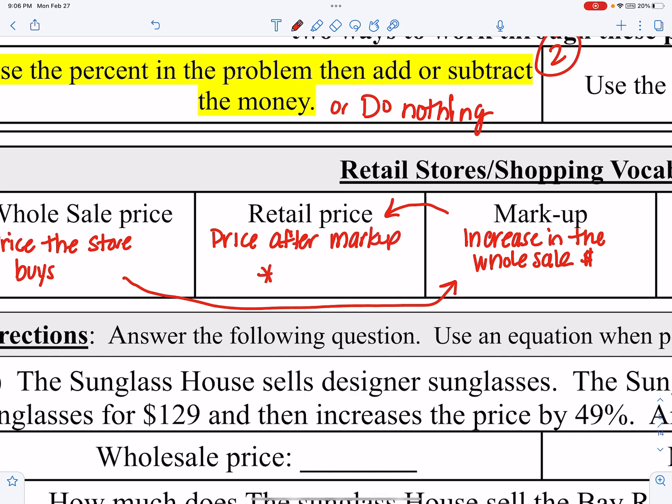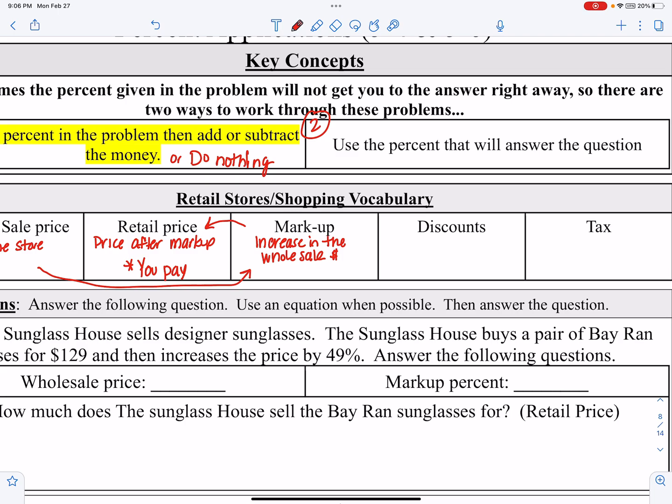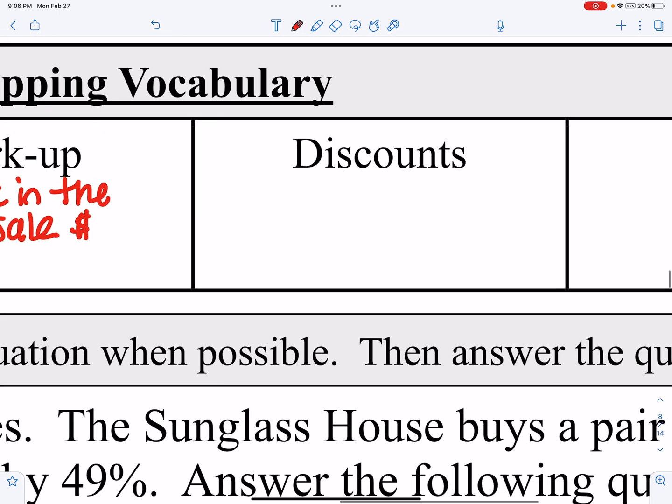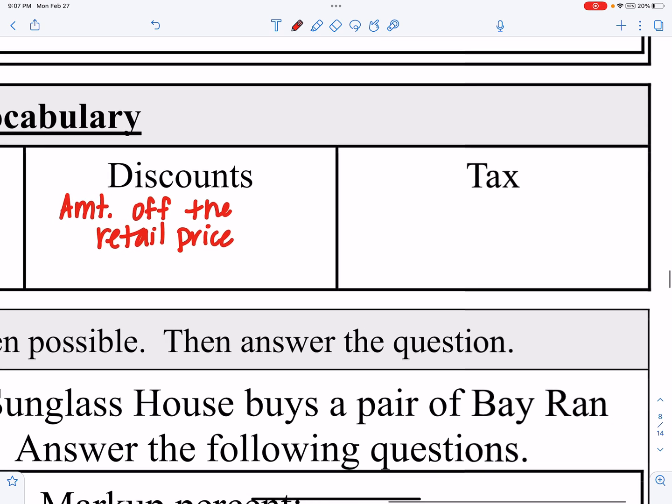Okay, and this is the price after markup. And you can make a note, this is what you pay as the consumer. Okay, now, sometimes if things aren't selling well, we might offer a discount. And so this is just an amount, I'm going to abbreviate AMT, amount off the retail price. And so you know about discounts and how that works.